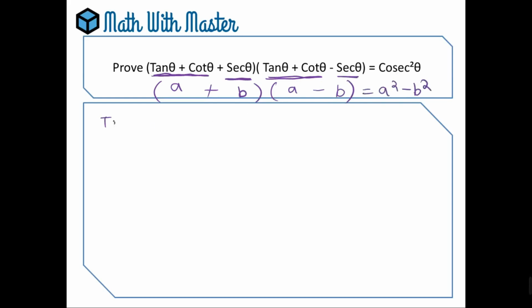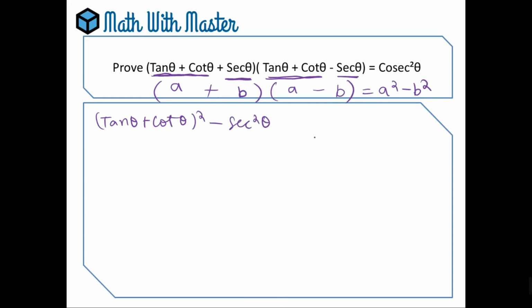So (tan theta plus cot theta) whole square minus sec square theta is equal to cosec square theta. Okay, now we will not take the right hand side.